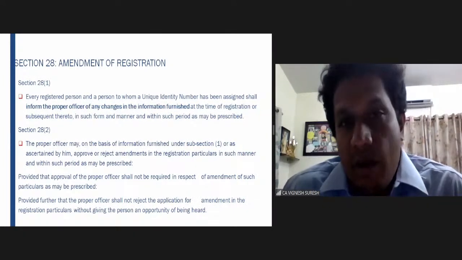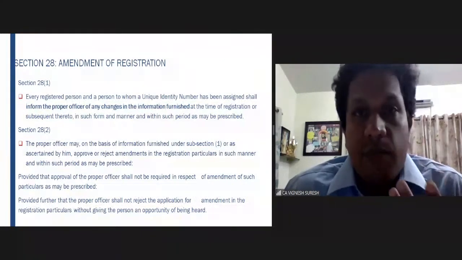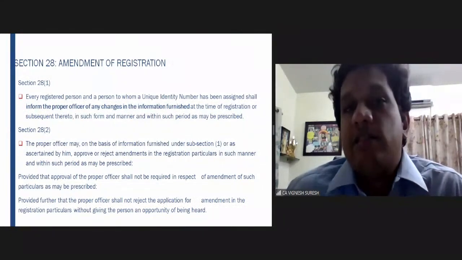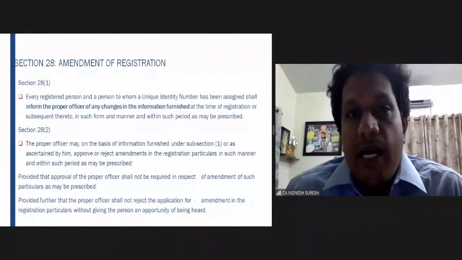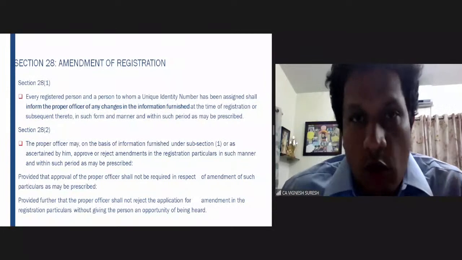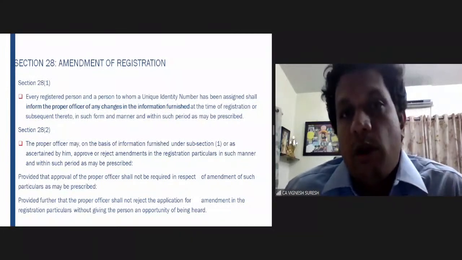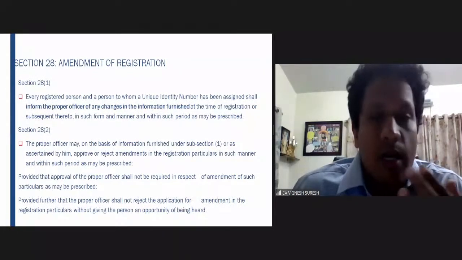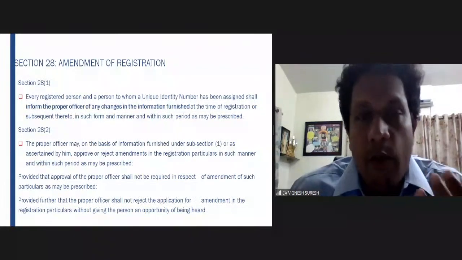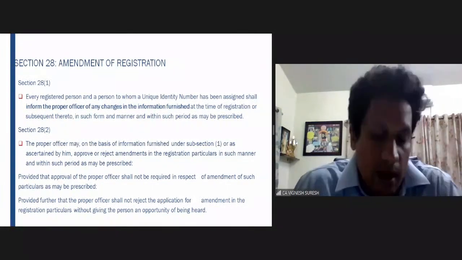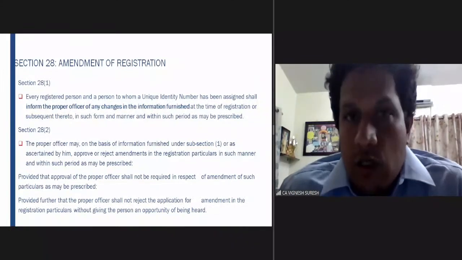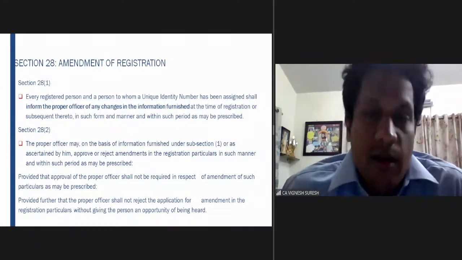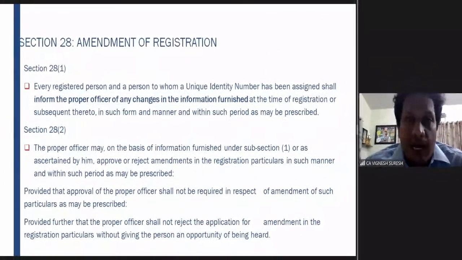See, when an amendment happens, there are two different types of amendments: amendments of core fields and amendments of non-core fields. These are separately given. In case of amendment of non-core fields, approval of the proper officer is not required, but for amendment of core fields, wherein important things like change in partner, etc., the approval of the officer will be required. And also, rejection shall not happen without following the principles of natural justice.